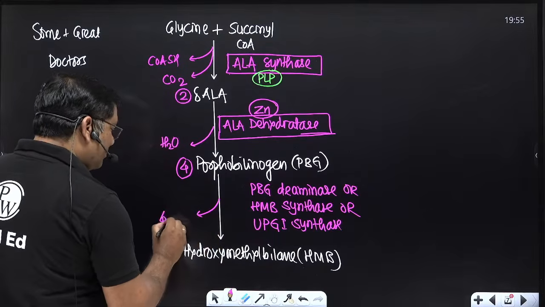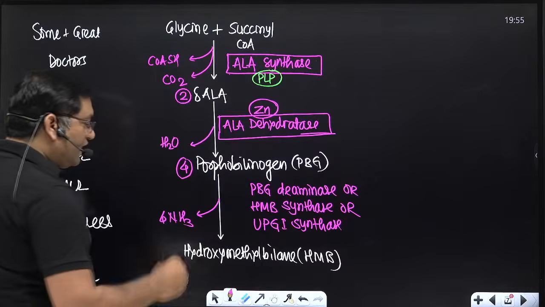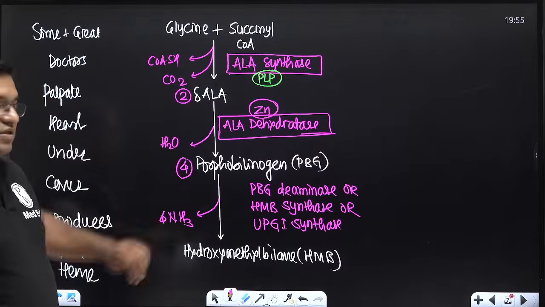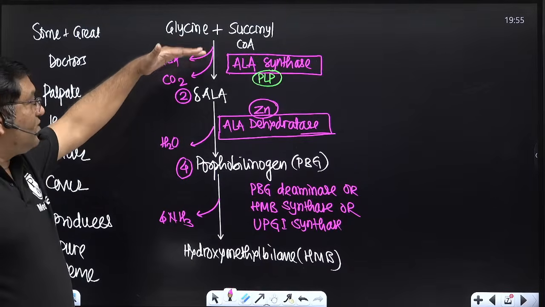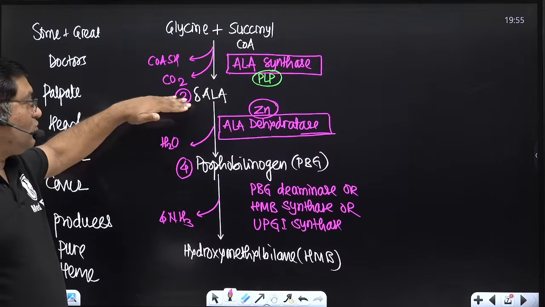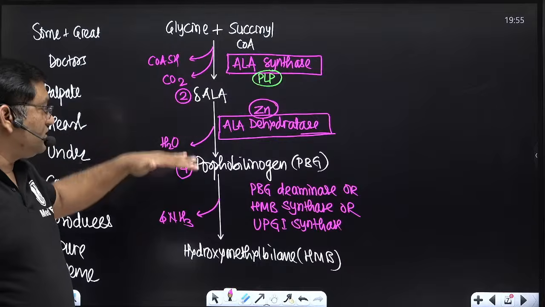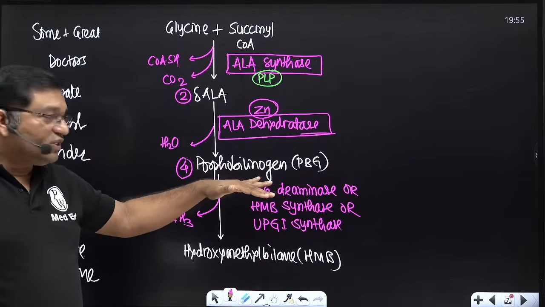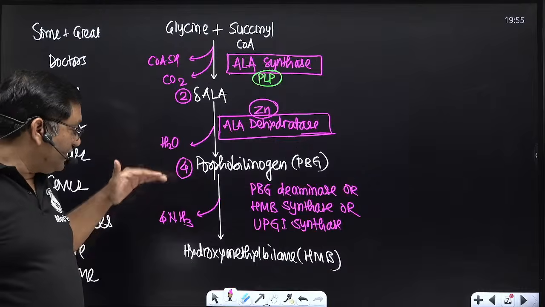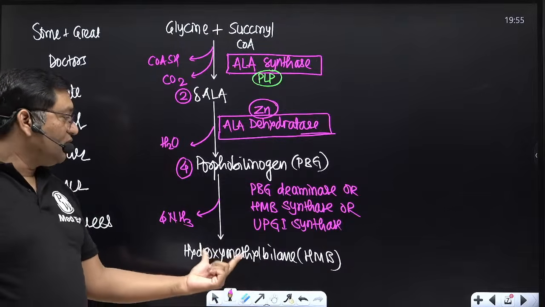This is a deamination reaction, 4 NH3 released from this step. So see, glycine plus succinyl coenzyme A form delta amino levulinic acid. Two molecules of delta amino levulinic acid condense to form porphobilinogen. Four molecules of porphobilinogen condense to form hydroxymethylbilane.